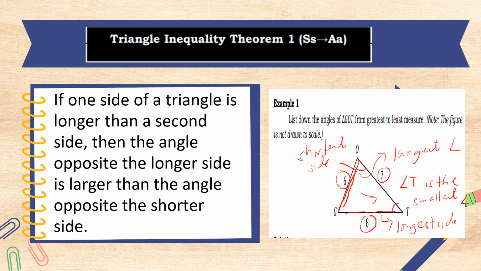To finalize the answer, we have to list down the angles of triangle GOT from greatest to least measure. So the angle that has the greatest measure is angle O, followed by angle G, and lastly angle T. So this is the answer.